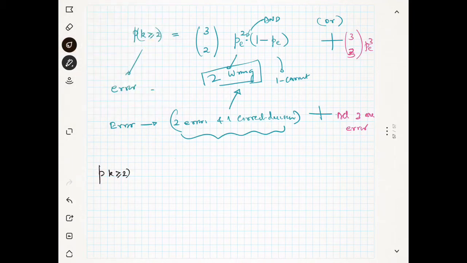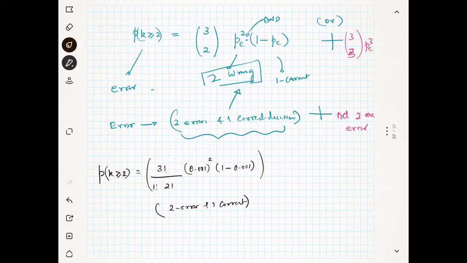The probability of k greater than or equal to 2 is nothing but 3 choose 2, which is 3 factorial by (3 minus 2) factorial, that is 1 factorial, into 2 factorial, times the probability of error 0.001, which is 10 power minus 3, squared, into 1 minus 0.001. This is the first part, that means 2 errors and 1 correct decision.